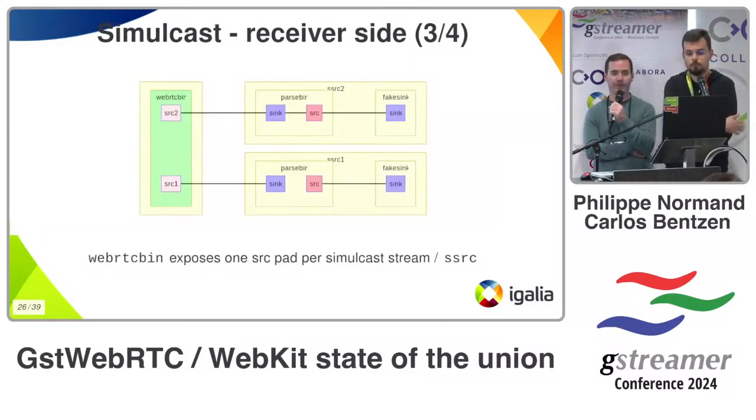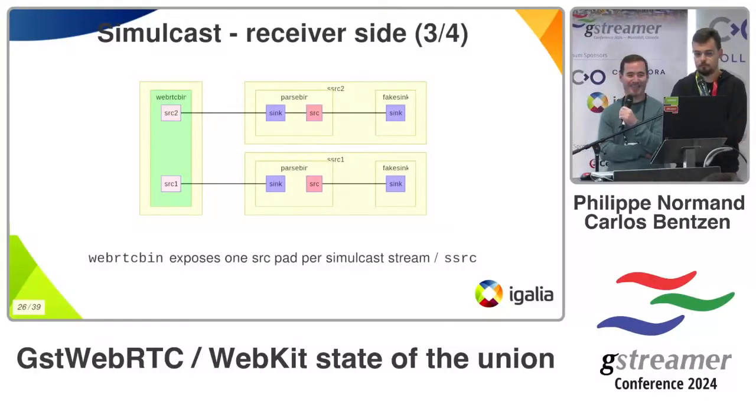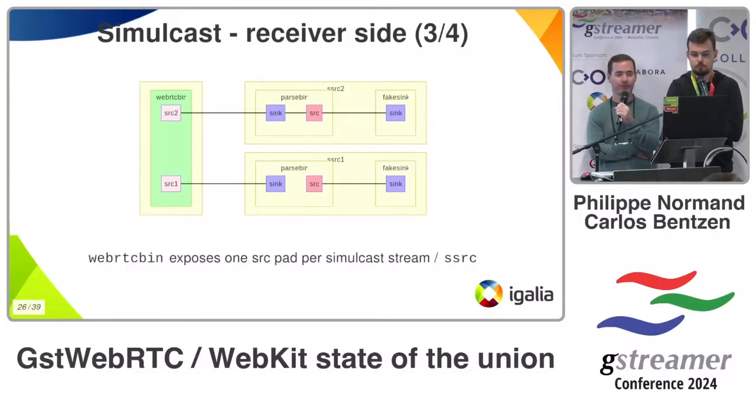On the receiver side, webrtcbin will create a source pad for each stream with a different SSRC, and it's transparent for us as well. We use the existing infrastructure for incoming sources for that.